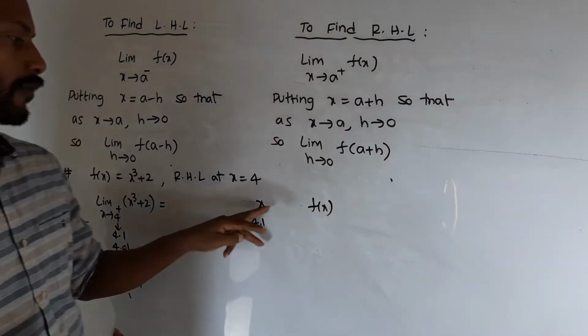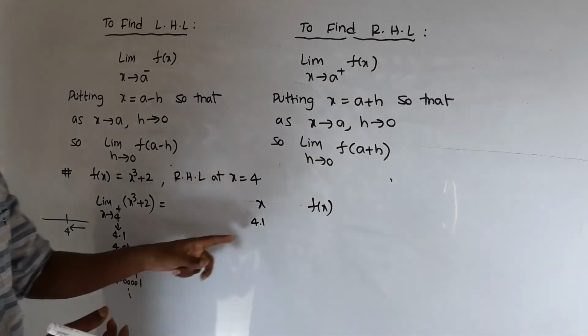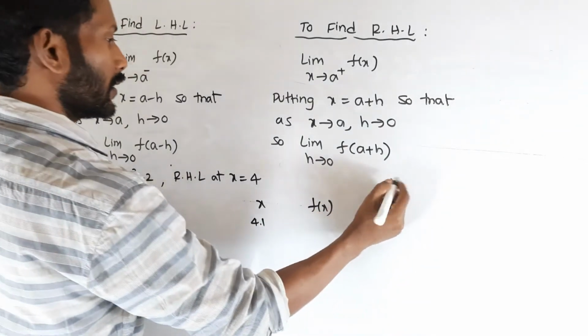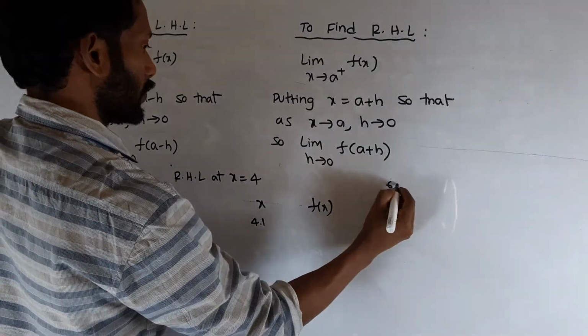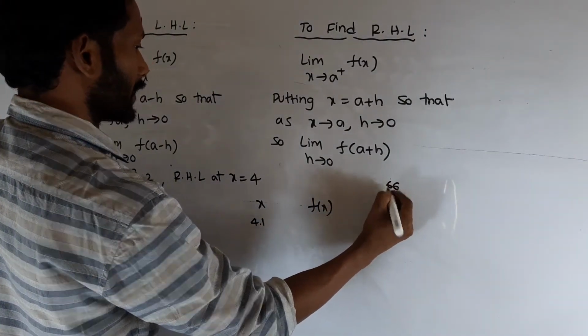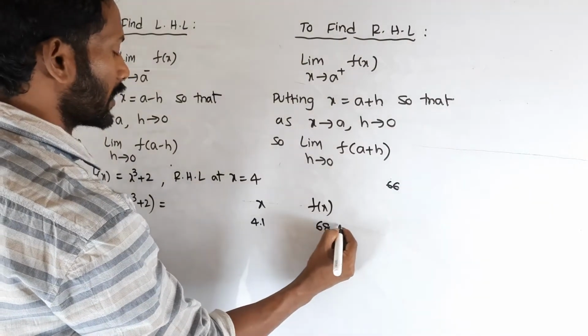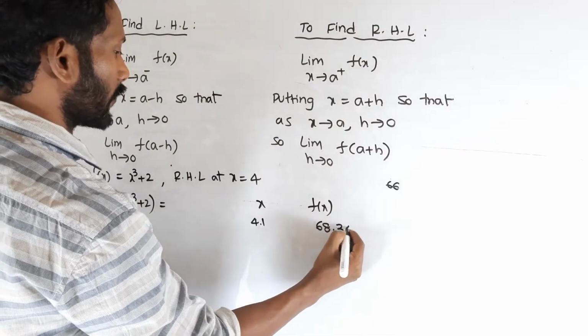Here 4.1 cubed is approximately 4 cube, 64, so approximately 66, plus 2, 68.34.